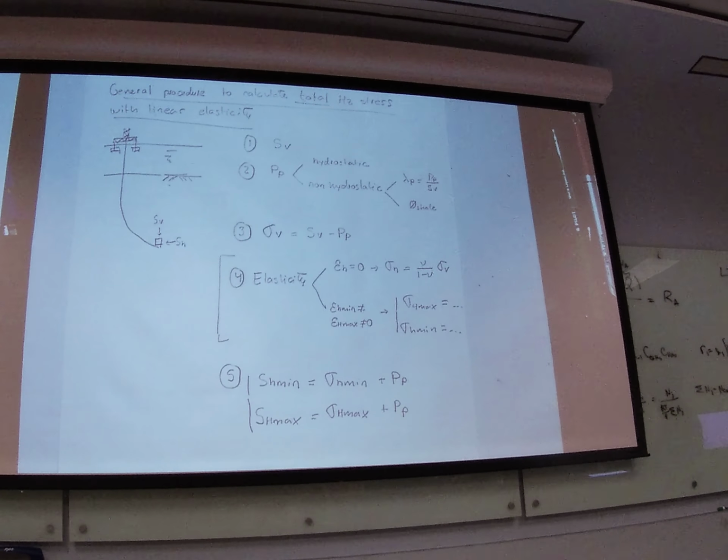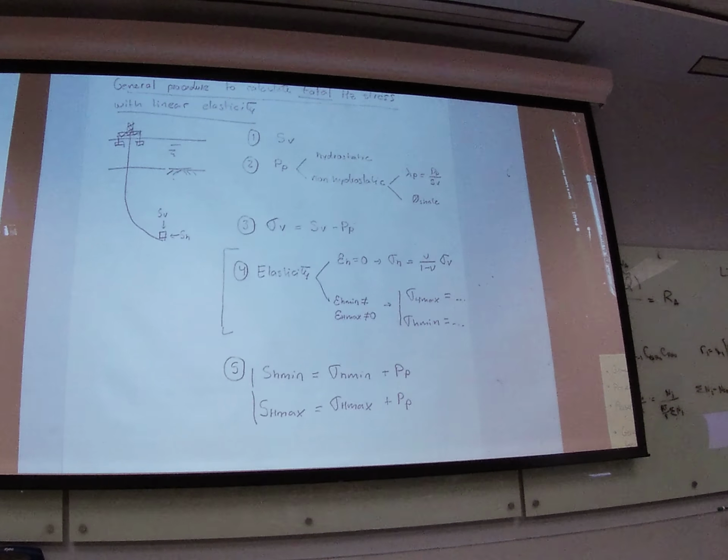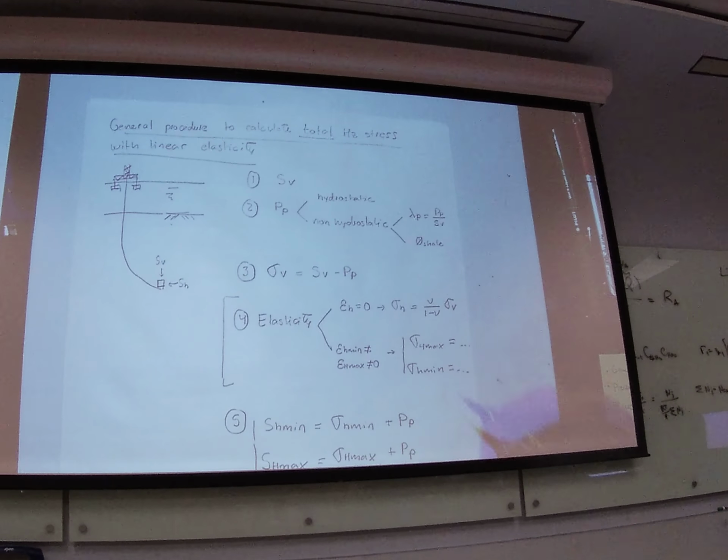Yes. So I have a question about your nomenclature. You say SV, and then you have SH min, SH max. You call it SH min, SH max total stresses, right? And is SV total vertical stress? Does that also apply to SV? Correct.